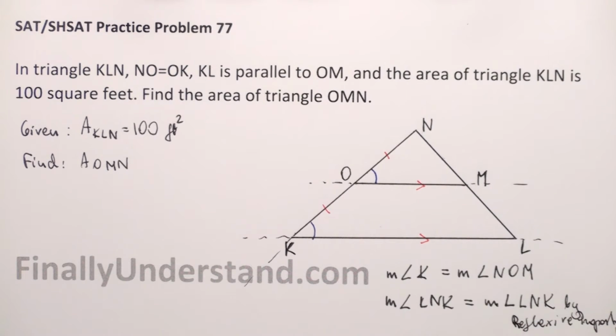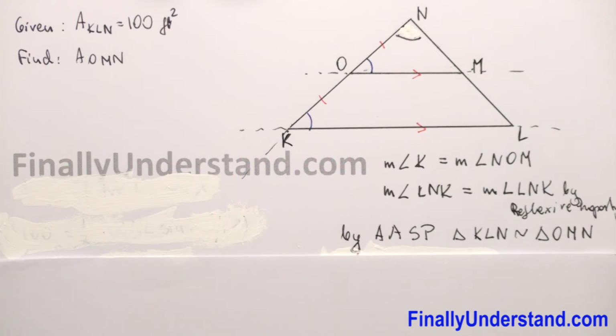So now we can write that by the angle-angle similarity postulate, triangle KLN is similar to triangle OMN. The triangles are similar, so the corresponding side lengths are proportional.